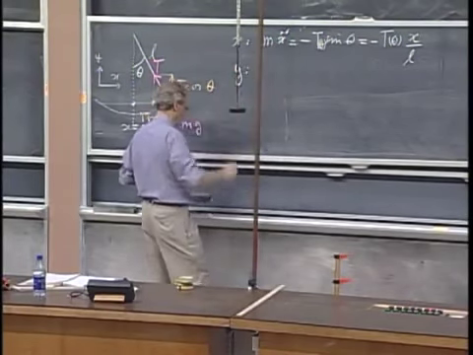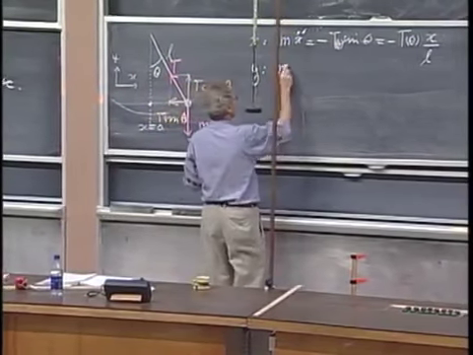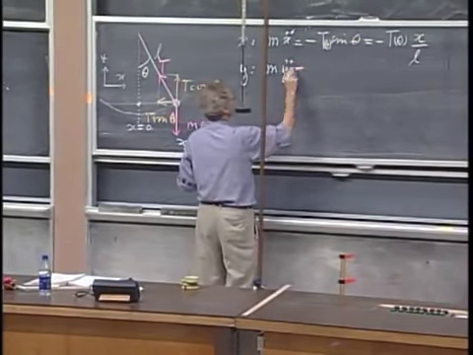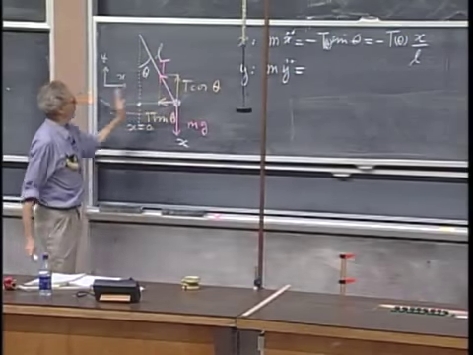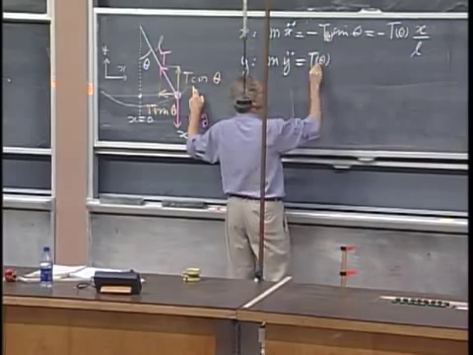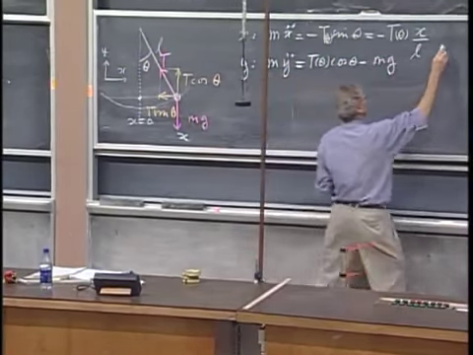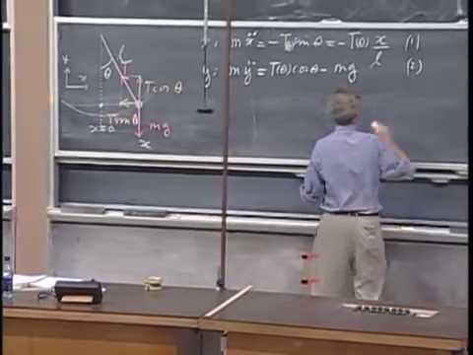Now the y direction. In the y direction, I have m y double dot equals. This is my plus direction, so I have T cosine theta minus mg. This is equation 1, and this is equation 2.